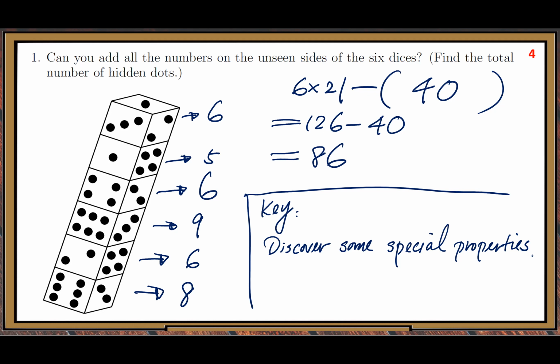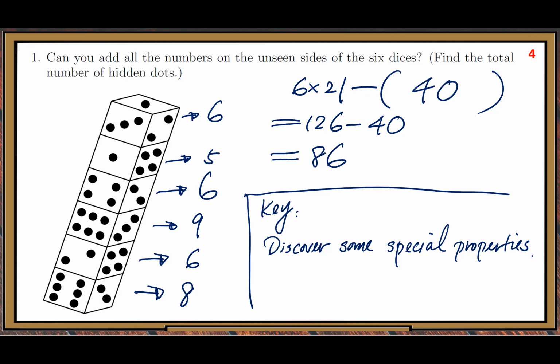Then use some complementary relationship. Visible, invisible, there is a complementary relationship. Then you take advantage of that property so you can find the answer. All right.